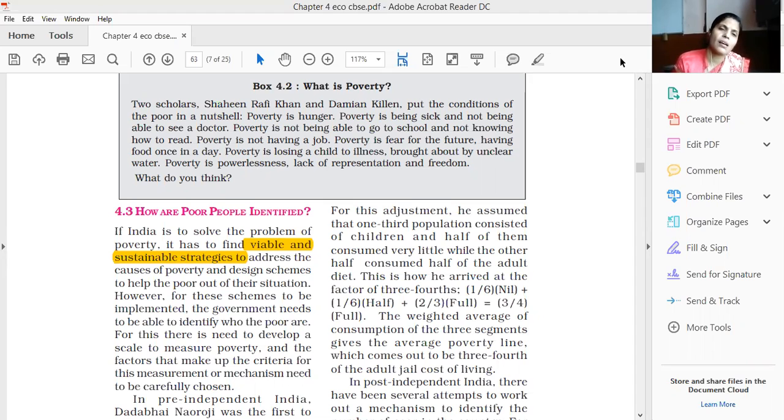So many people are beggars and they are roaming here and there near the road only. They are roaming and they have not proper food, not proper clothes, not proper shelter. They are living on the footpath, they are selling some type of goods.